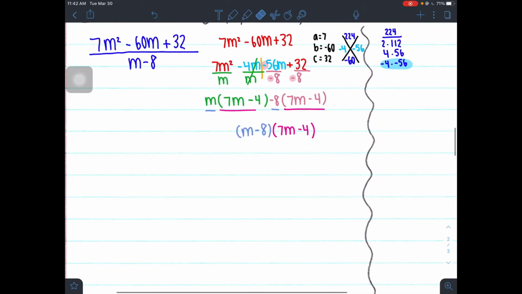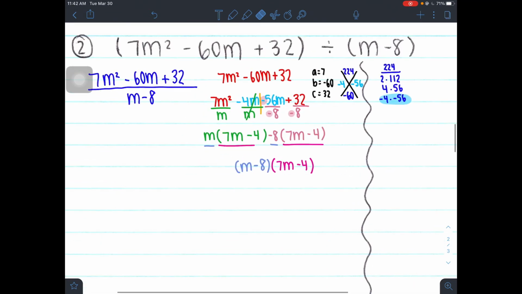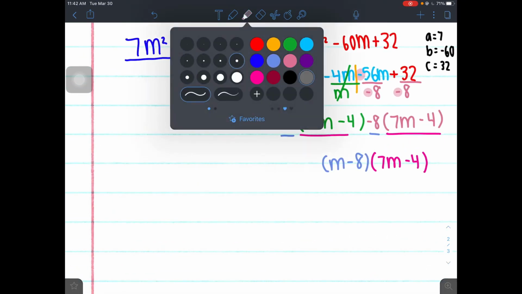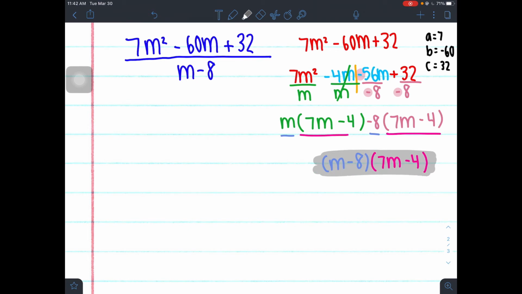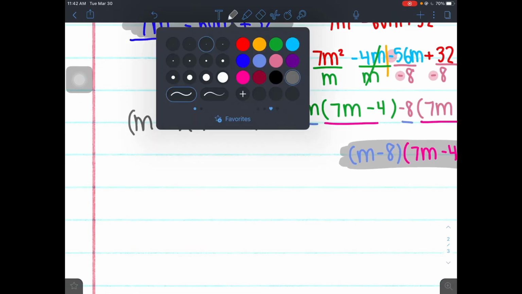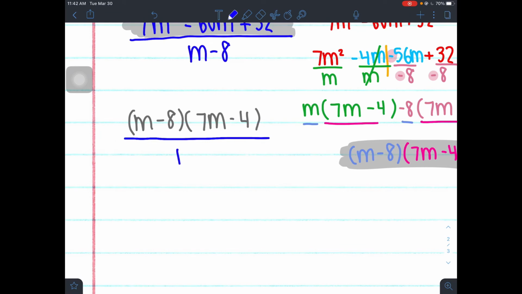All right, now again, we're not asked to only factor. We are asked to divide the polynomials out. So we actually have to divide here. Remember, this right here, our answer, is the same exact thing as the numerator of this fraction. So I'm going to go ahead and write it out and replace it. So we have m minus 8 times 7m minus 4 in the numerator, divided by m minus 8.